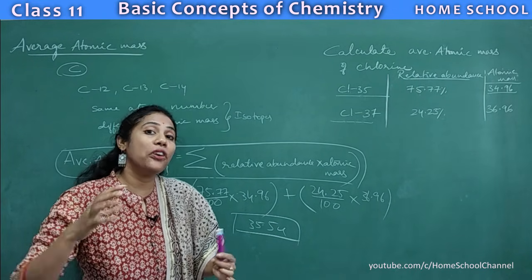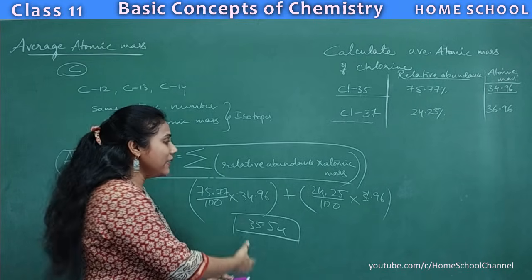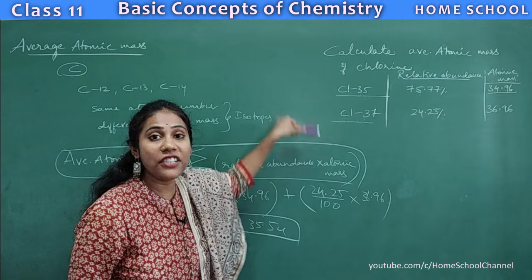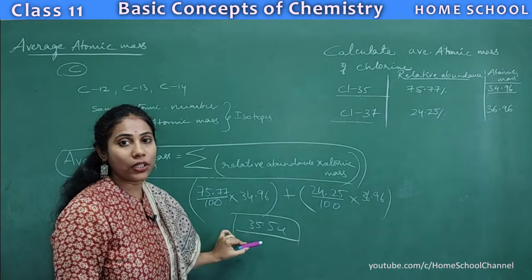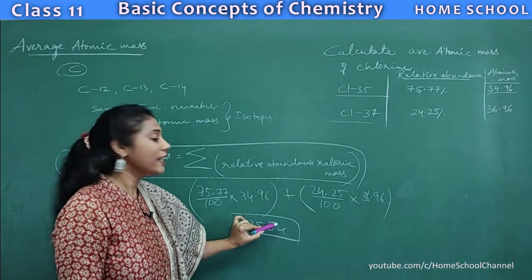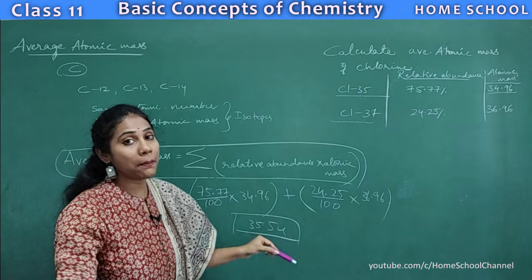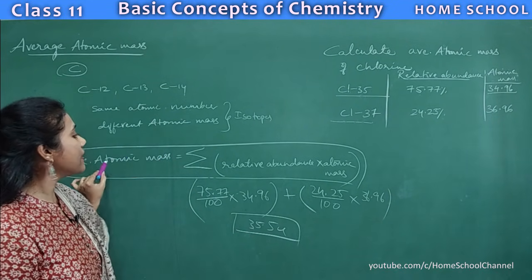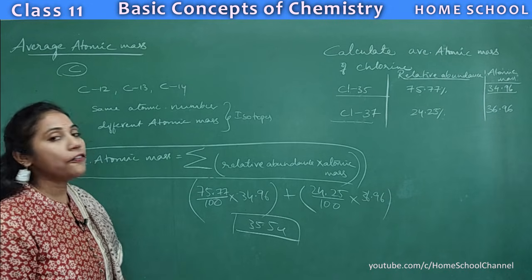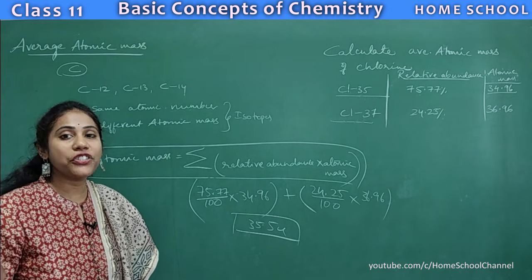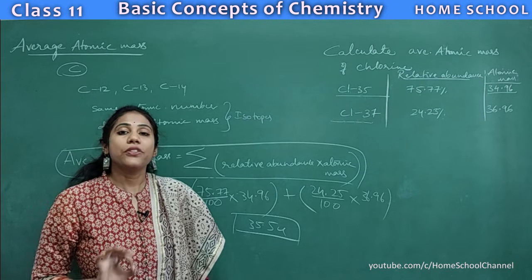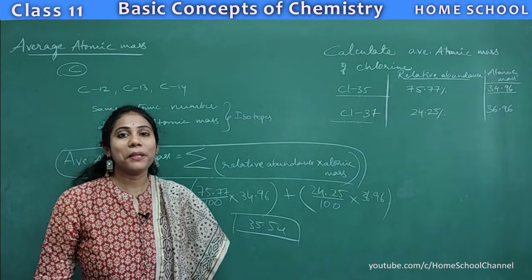That's how you got your 16. Similarly, there are 2 isotopic forms for chlorine, so you calculated the average atomic mass of chlorine, and that's what we take as the atomic mass for chlorine. Clear? Remember the formula. This is the formula to use for calculation of the average atomic mass of any element. That's all about average atomic mass.